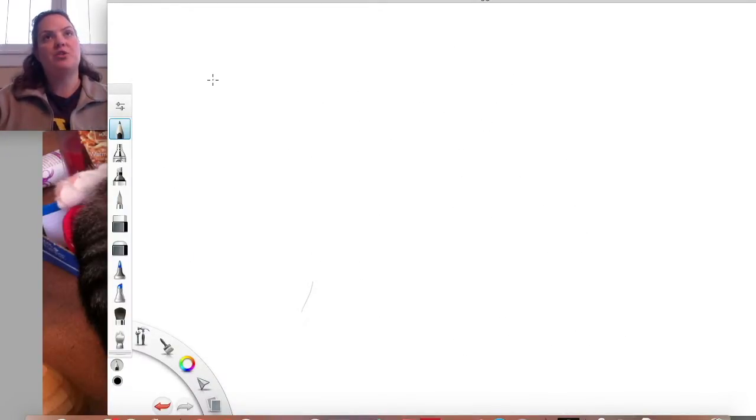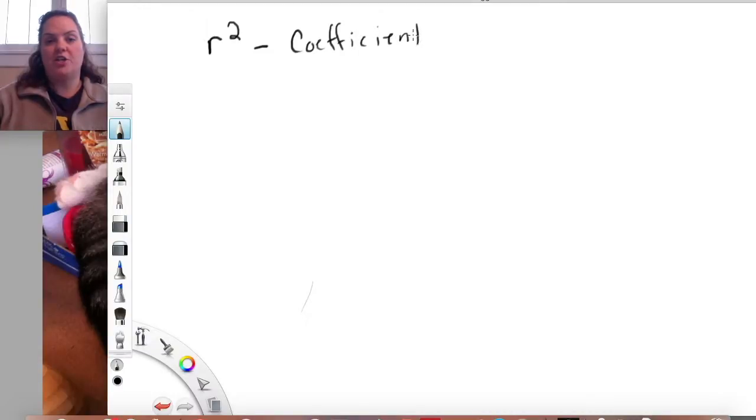So correlations are really often confused with regressions, and that confusion stems basically from the symbol we use for each test. So we learned with a regression that we use R squared, which is the coefficient of determination, but with a correlation we're using just R. I talked about this in the regression videos, but I just wanted to reiterate.